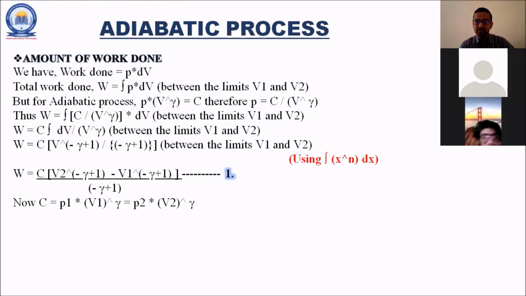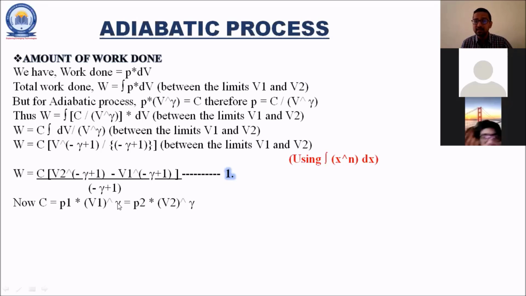Friends, we have already derived that C is equal to P V raised to gamma, which is a constant. So I can write C is equal to P1 V1 raised to gamma, which is equal to P2 V2 raised to gamma. I will multiply this C into the bracket, so C V2 minus C V1. When C is multiplied by V2, we substitute P2 V2 raised to gamma. And when C is multiplied by V1, we substitute P1 V1 raised to gamma.